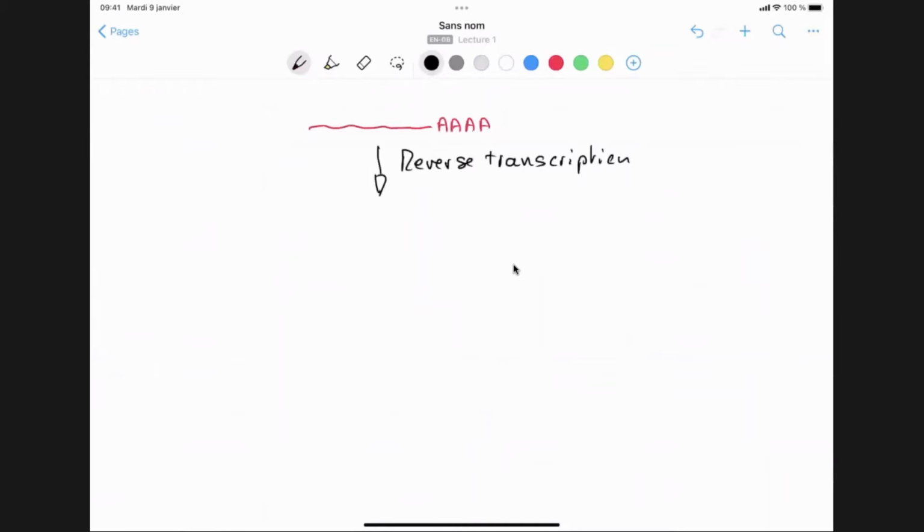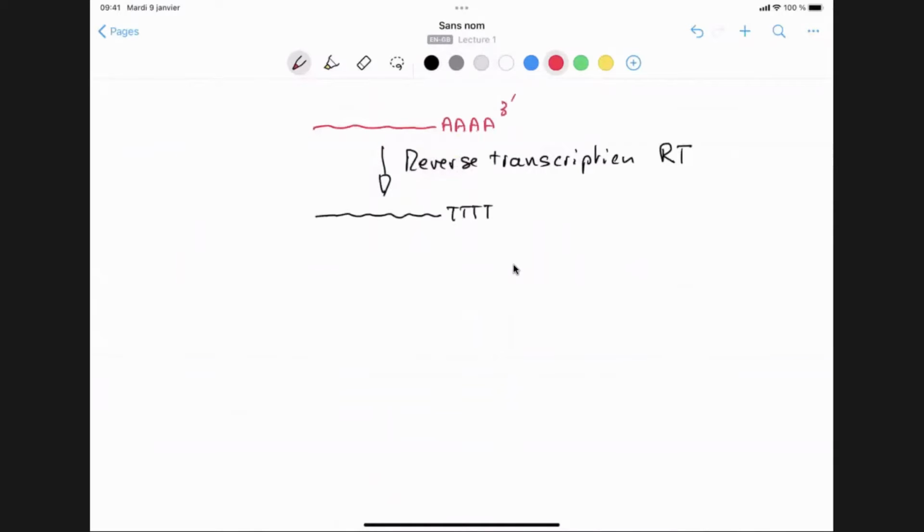This is done using a reverse transcriptase, and this will convert the RNA to a first strand cDNA. I forgot to tell you, this is 3' here, 5' here, and this is going to be 5' and 3'. The second step is the synthesis of the second strand cDNA.